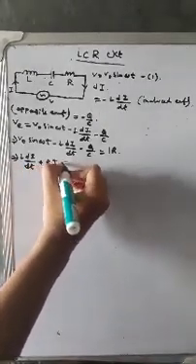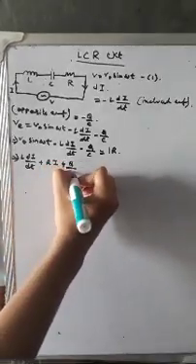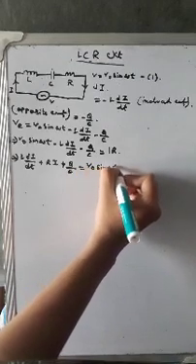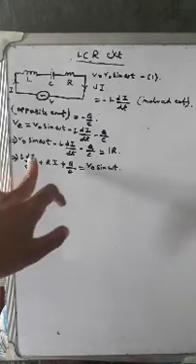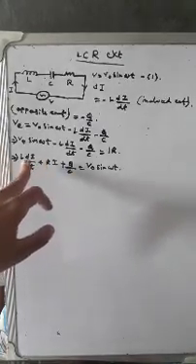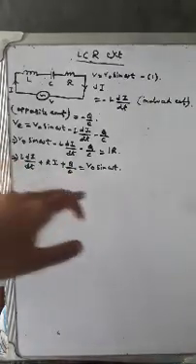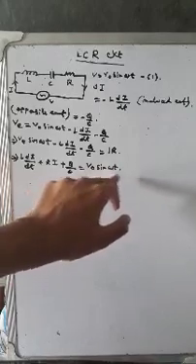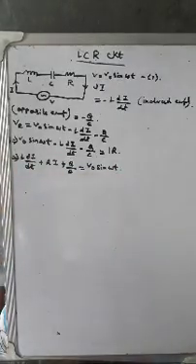What I did, students, is take all of L di by dt plus Ri plus Q by C on one side of the equation, and write V naught sine omega t on the other side, keeping it alone.